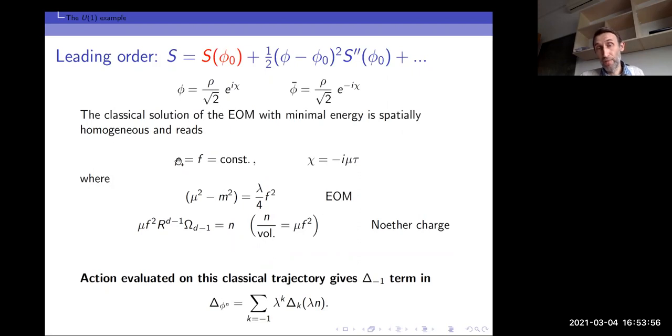As I already mentioned, the radial dependence will be constant, this f, and the phase will be parameterized with this factor mu, the chemical potential, which we fix by fixing the Noether charge of the system to be n. Basically, you see the charge density, charge over volume, will be equal to this usual expression, mu times f squared. F is basically the wave of the complex scalar field, if you want.